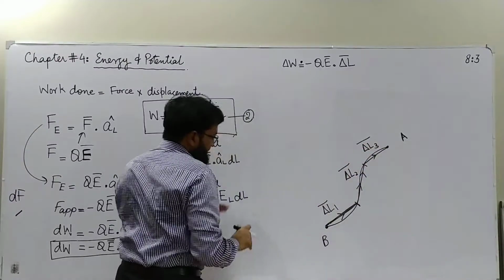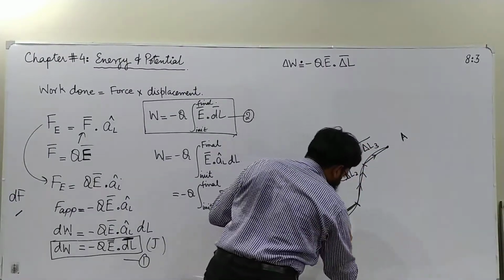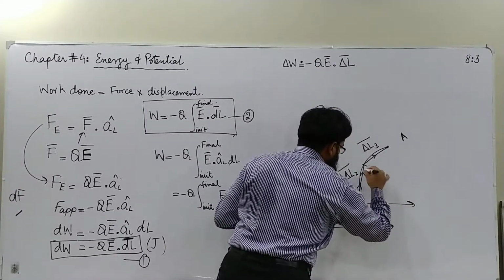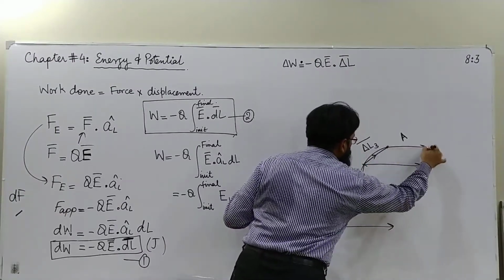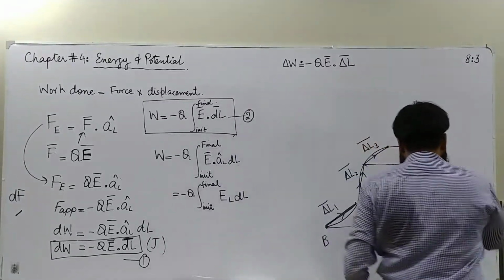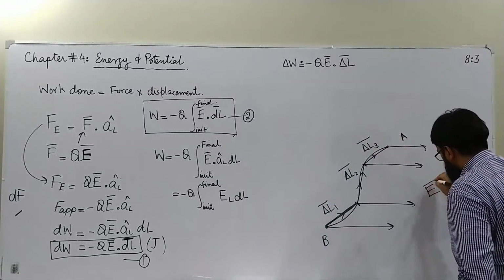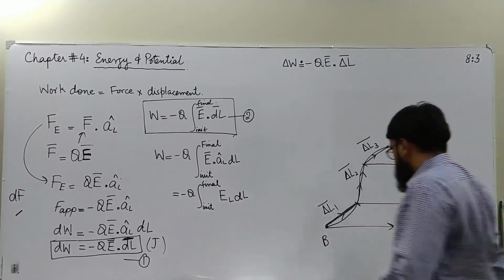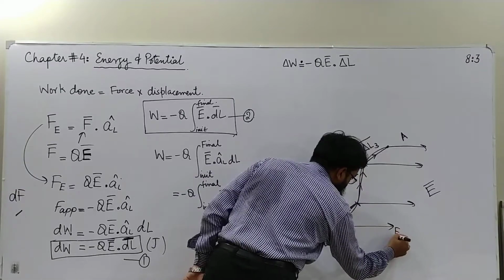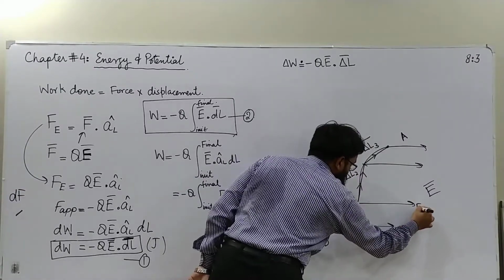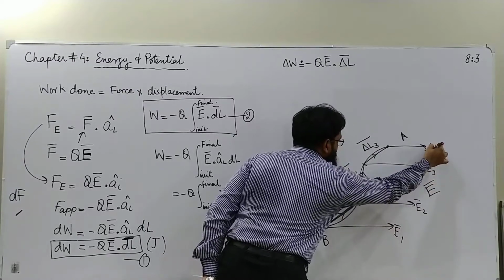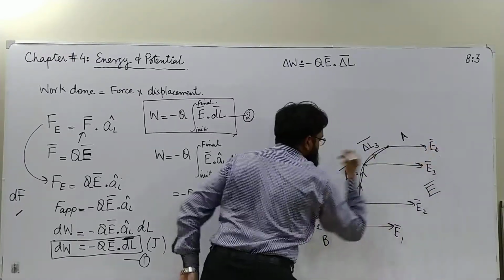Okay, so let's say the field throughout this journey, and the field goes beyond this path as well, but I'm taking it to be this field. Let's say the field at this point 1 is E1, and the field at this point 2 is E2, and this is E3 and E4, and so on and so forth.